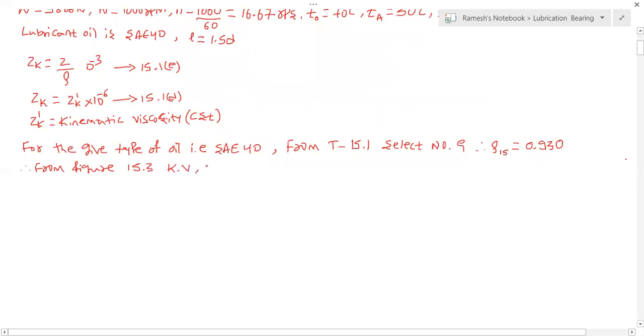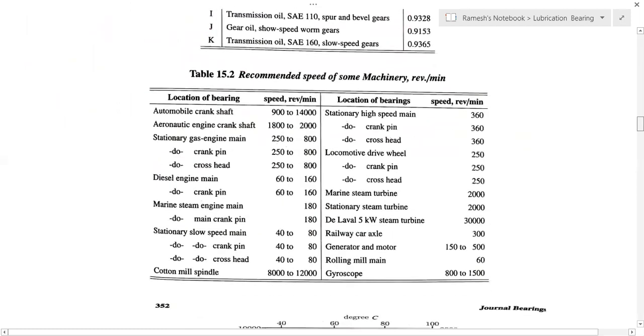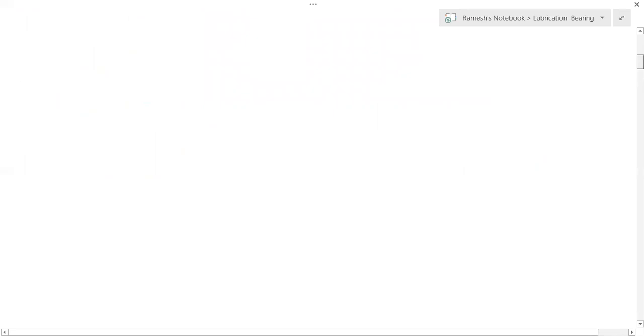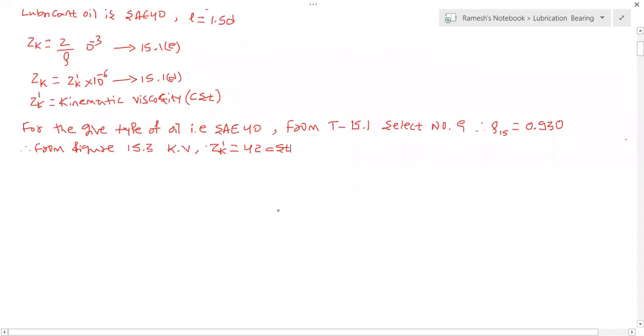The kinematic viscosity is denoted by ν, and it is equal to 42 centistokes. I have taken this from figure 15.3, and I will note down the page number also. It is page number 352 in your data handbook. Note down the kinematic viscosity.